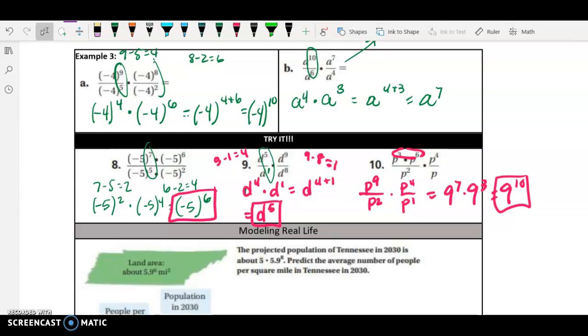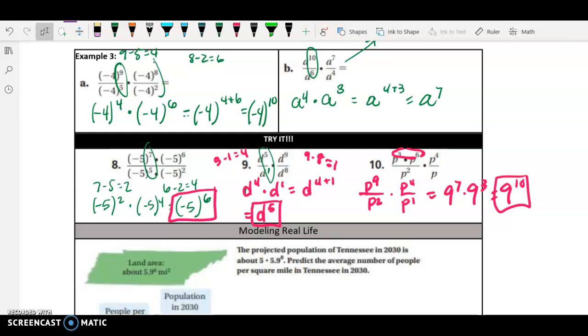For number 10, it was a little trickier because you had to simplify first before being able to subtract. So we had 3 plus 6, which is 9. And then we have p to the 9th over p squared. And so 9 minus 2 is 7. So we have p to the 7th power.